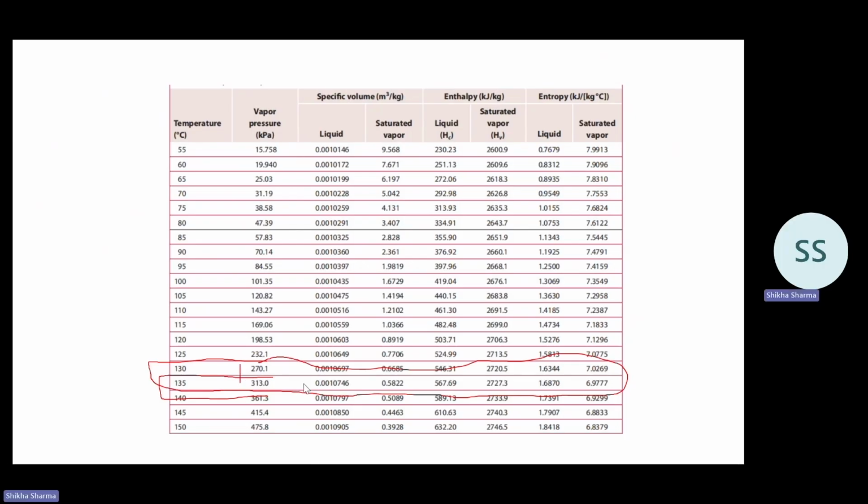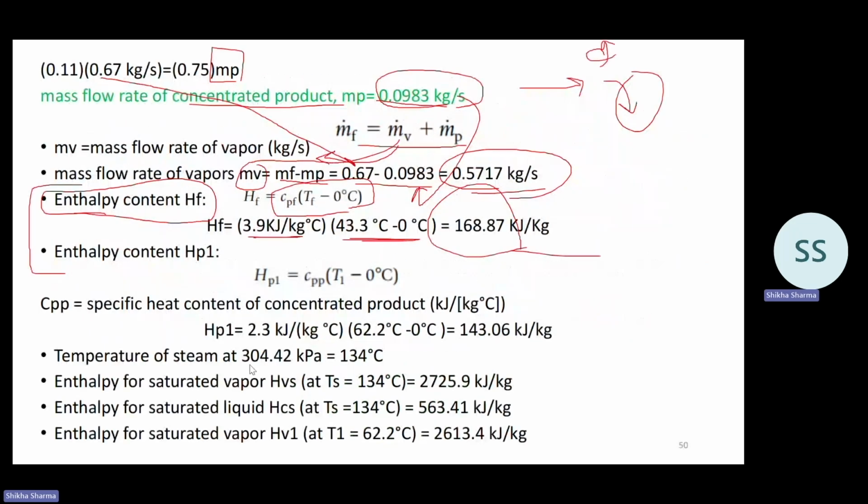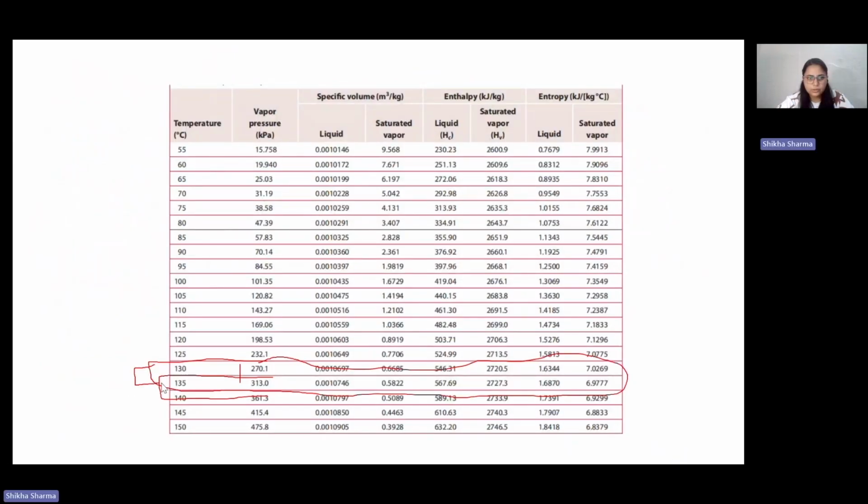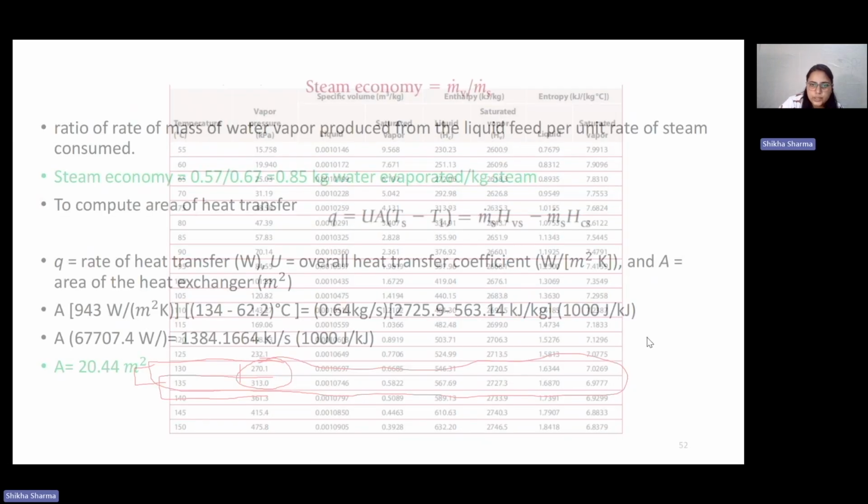From interpolation, we can say that at this pressure of the steam, 134 is the temperature from the table. It will come somewhere between 130 to 135 because of the pressure we already know. So 134 degrees is the temperature of the steam, right?